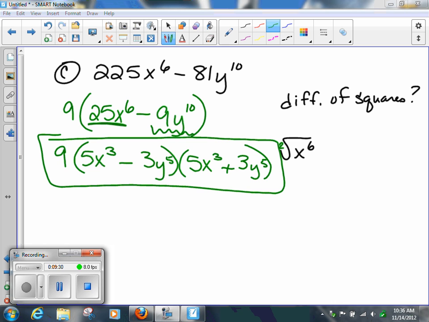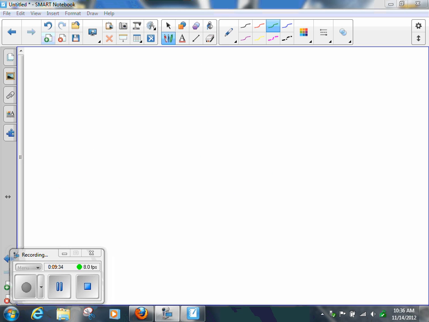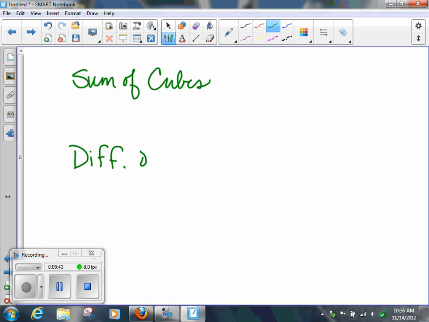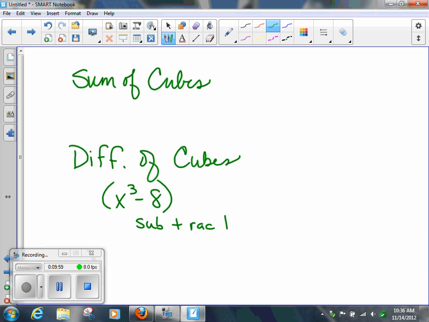My thing that I follow, because it's too much for me to remember, when it's the sum of cubes, I know, or difference of cubes. This is so stupid. This is just dumb, dumb, dumb. But this is how I remember it. If I had x cubed minus 8, that is a subtract symbol, correct?